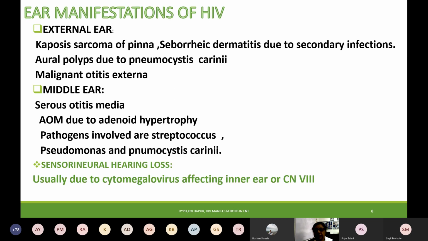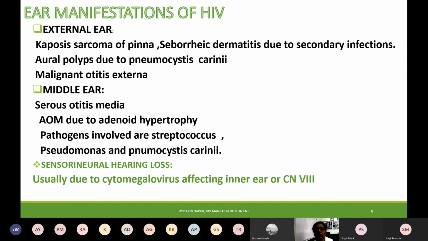For the ear manifestations, I have not written the investigations and the signs and symptoms, because once you know that the external ear is involved, you can write all the features of external otitis, such as seborrheic dermatitis or any infection in the external ear, leading to all the signs and symptoms which we usually routinely see.